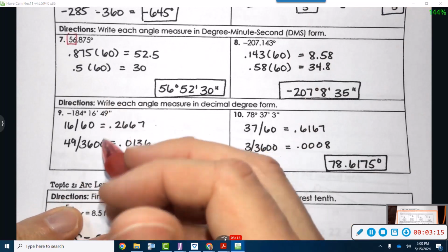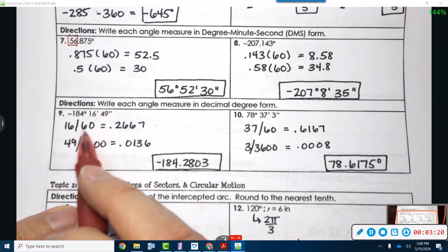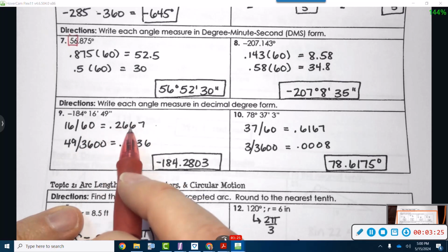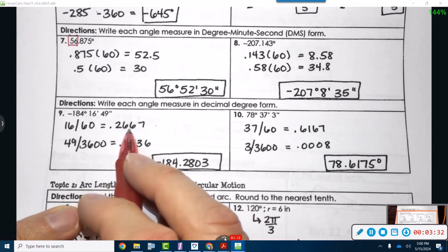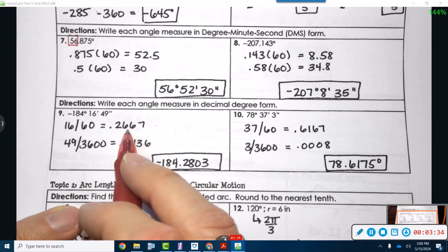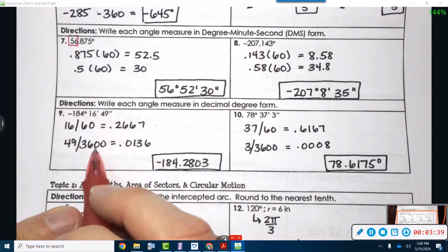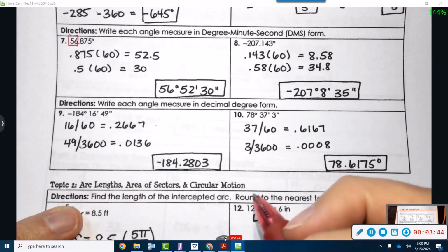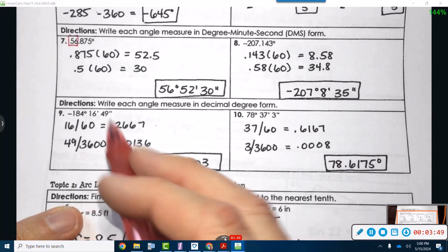Now going backwards, this one is 16/60ths of a minute. So this percentage of a minute is going to get added to here, but it is negative. So don't make this negative. You're going to keep it just like that. In fact, you're going to ignore the fact that it is negative. Then this 49 over this, because you're going into minutes, and there are 3,600 seconds in a full degree.